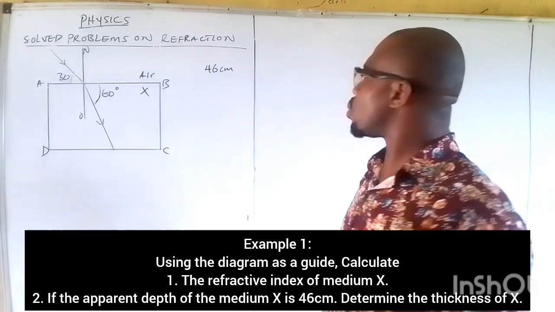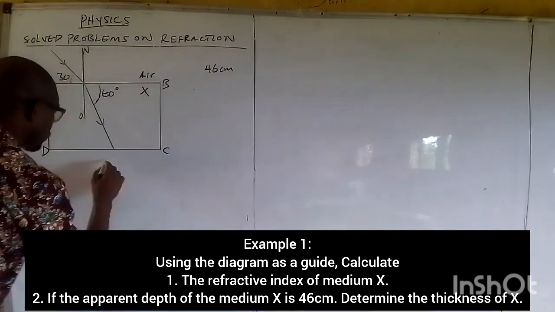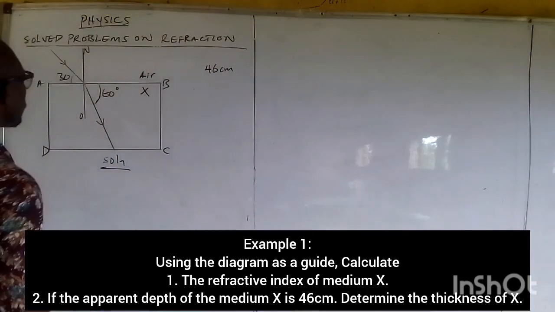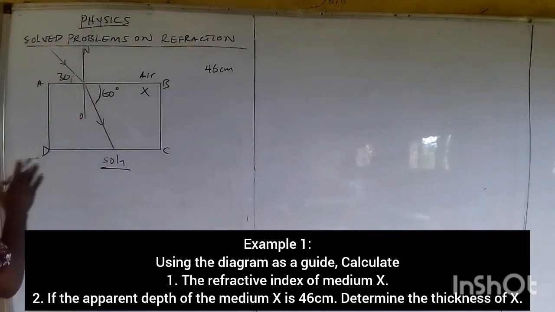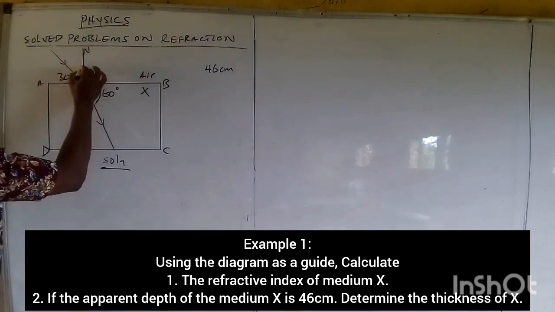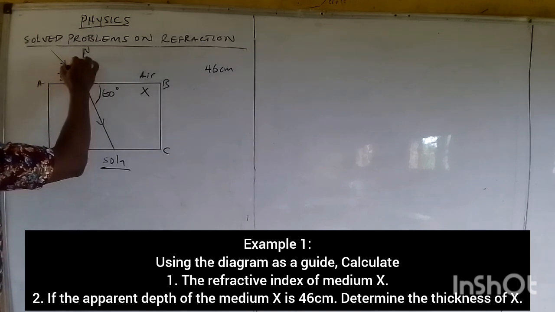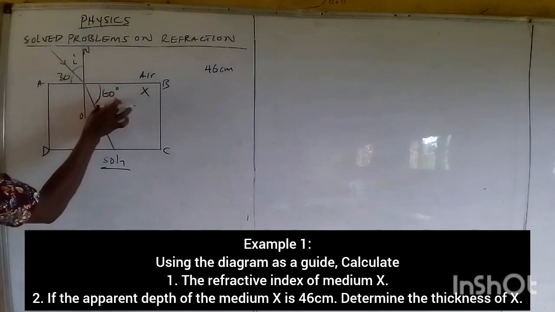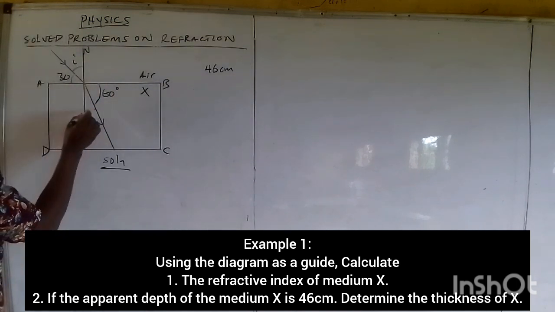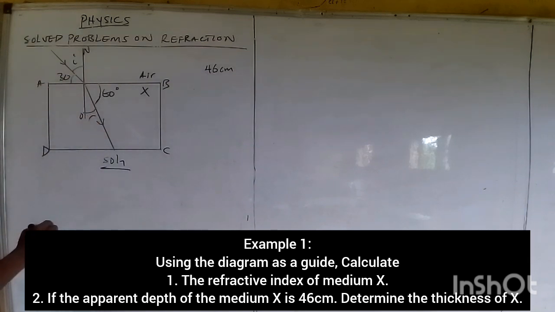Okay, let's go. Solution. Now, from this diagram, I is not given. That is the angle of incidence. Angle of incidence is not given. Remember, this is not the angle of refraction. This is where the angle of refraction is.